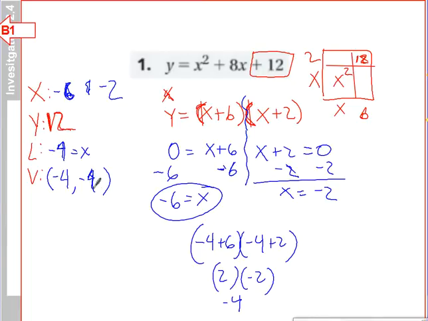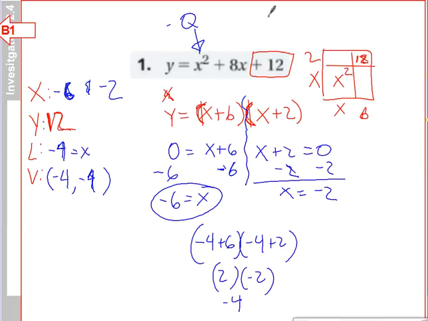Now, for opening up and opening down, it's very, very basic. This is called the quadratic term. I'll just put a big Q for quadratic. Your quadratic term determines whether a parabola is opening up or down. If your quadratic term is positive, it is opening up.